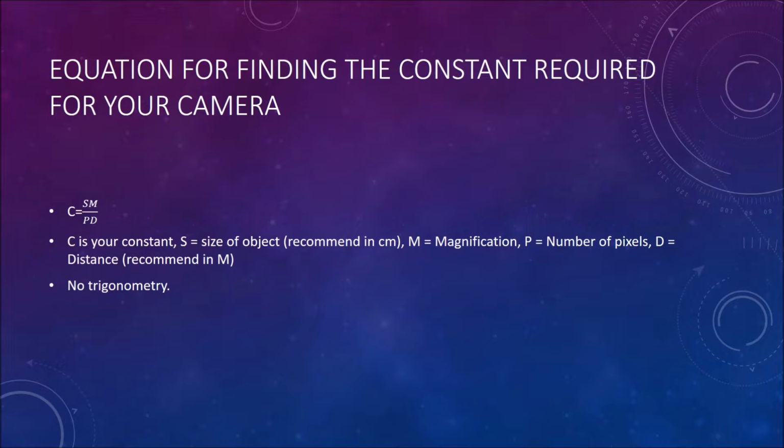There's no trigonometry here, but don't worry about that, because for small angles, which are typical for this kind of work, you don't need any trigonometry. You'll still get a good estimate. But I would suggest that you make repeated measurements so that you get an accurate constant for this.